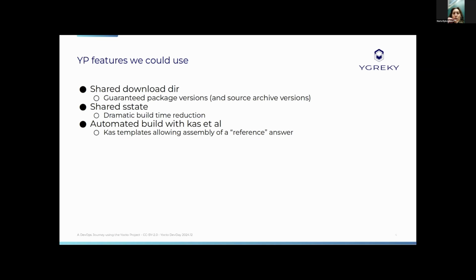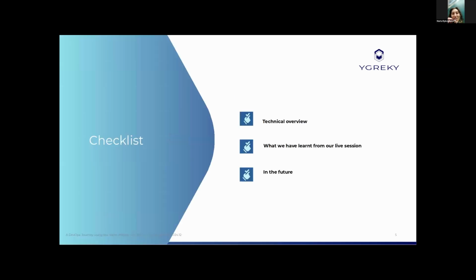And then we wanted to work with CIs. So we have chosen CAS to use it for the build itself to have a reference. And in this presentation, we are going to share the technical details and the lessons learned. And this second part will be covered by Samantha.